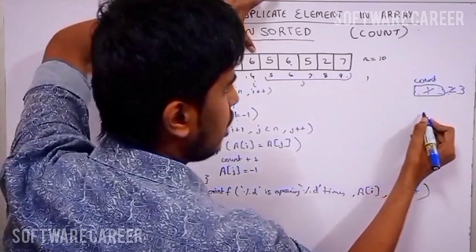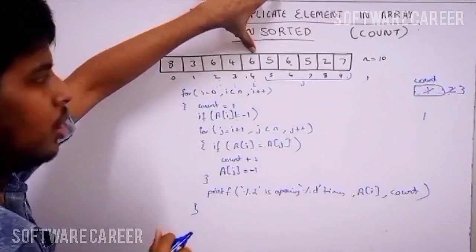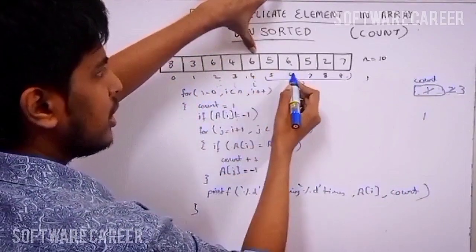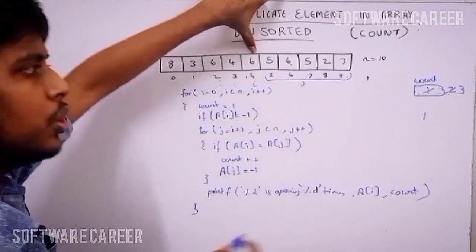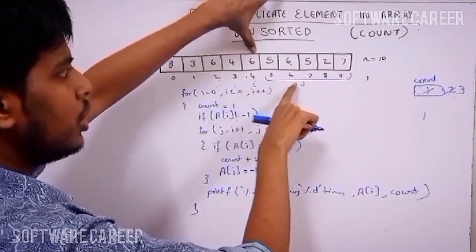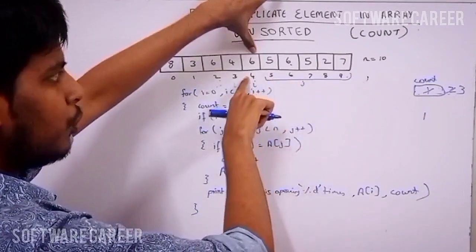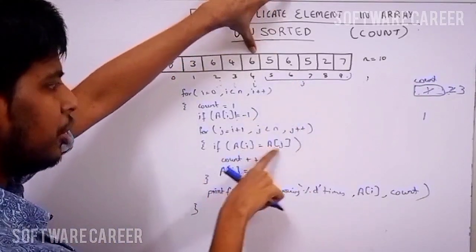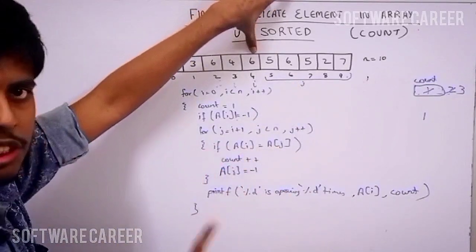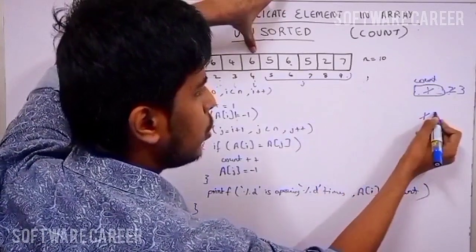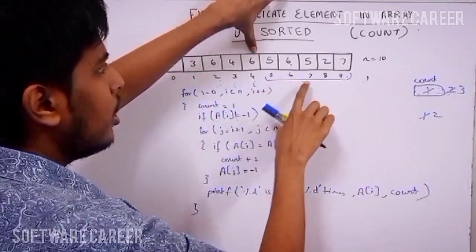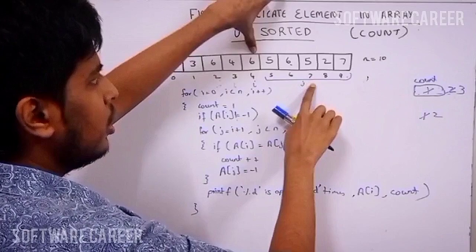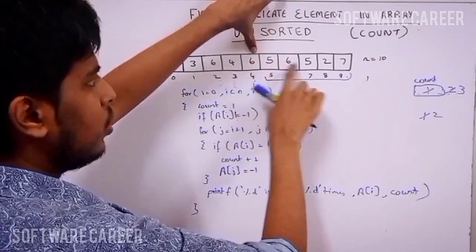Now count value was 1 at default. Now count value is present here one time. So you should count this a of i equals to a of j. That means a of 4 equals to a of 6. So you should increment one value. If a of i equals to a of j, count plus plus. So 1 becomes 2. Now j value increases here. Whether a of i, this 6 equals to 6?